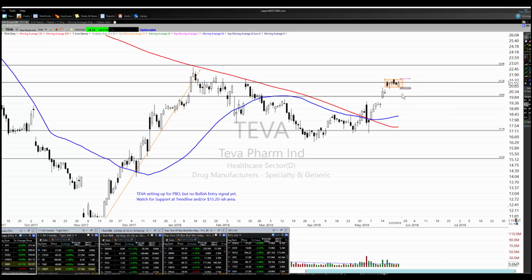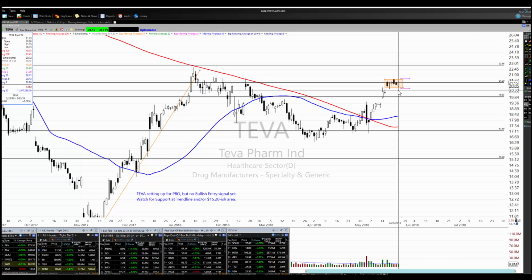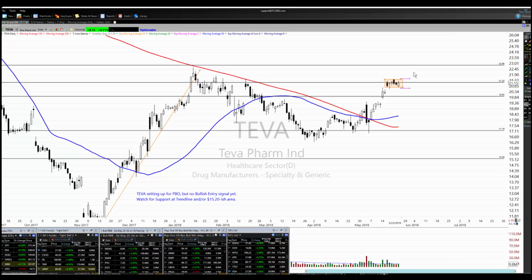What does VStop say? VStop says that should be at 2032, which would be way down here. Nonetheless, that's where I would put mine. And I would have a target up here. So I don't think this is going to work. That's not 2-to-1 by any stretch of the imagination.